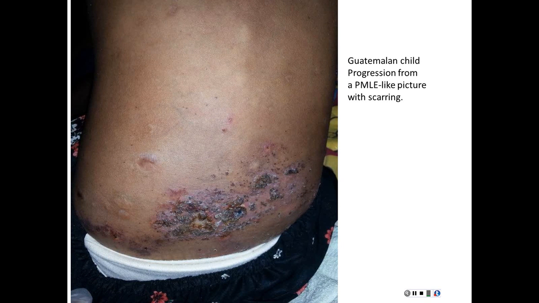His residency program and his dad's practice both do medical mission trips and found this child who progressed from a PMLE-like picture with scarring to these crusted ulcerations. So what would you worry about in an Amerindian type of population where you have a child who begins with a photosensitive dermatosis? It could simply be impetiginized, but if not responding to antibiotics.